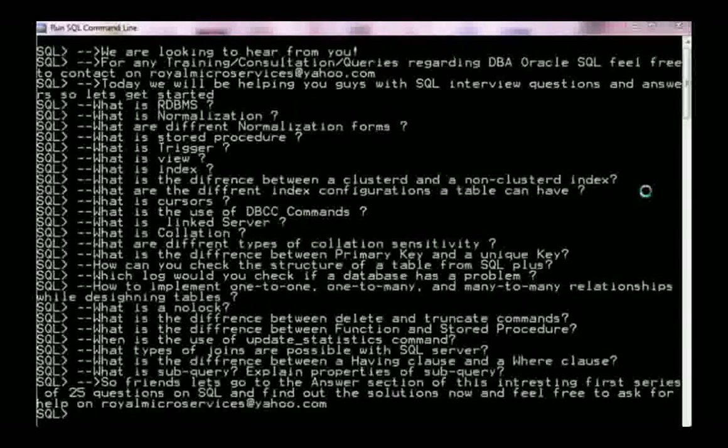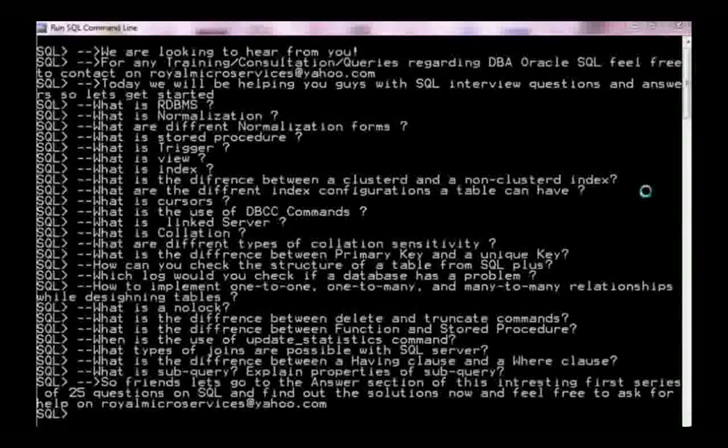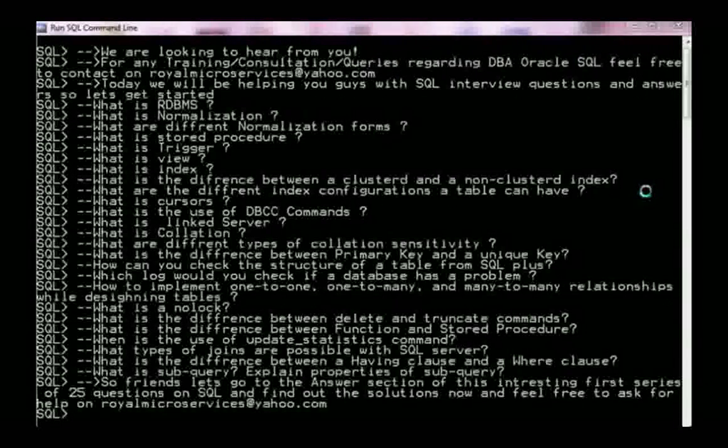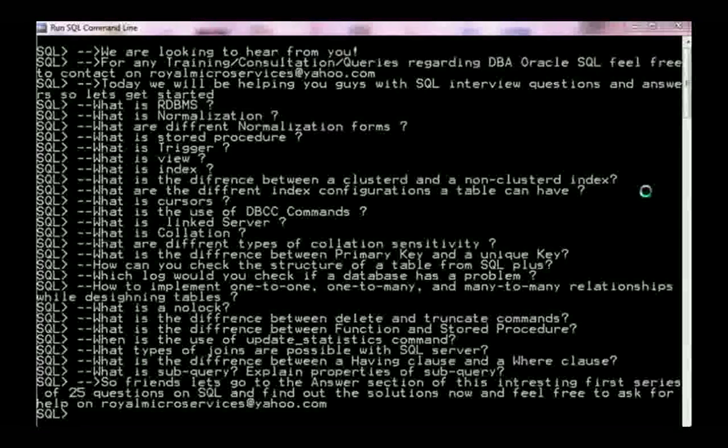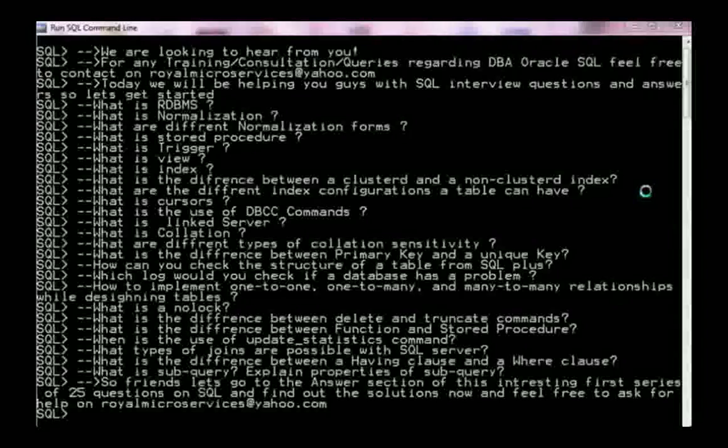Normalization usually involves dividing a database into two or more tables and defining relationships between the tables. The objective is to isolate data so that additions, deletions, and modifications of a field can be made in just one table and then propagated through the rest of the database via the defined relationships.